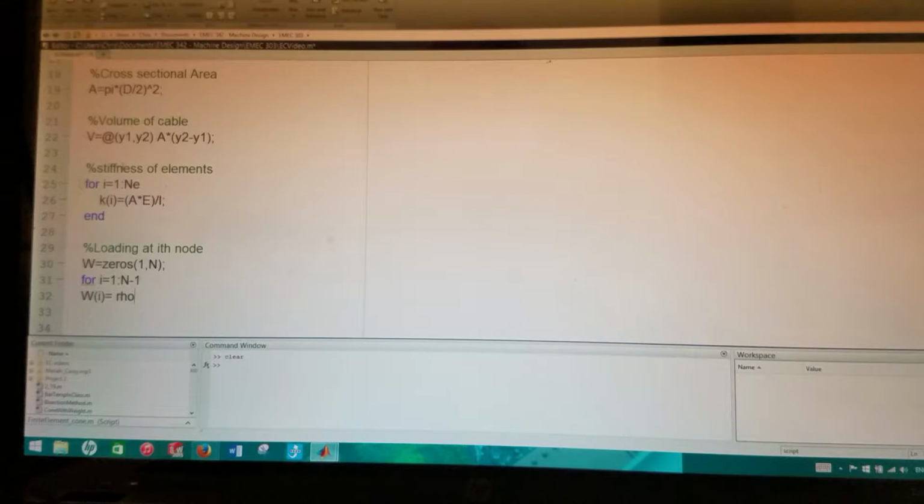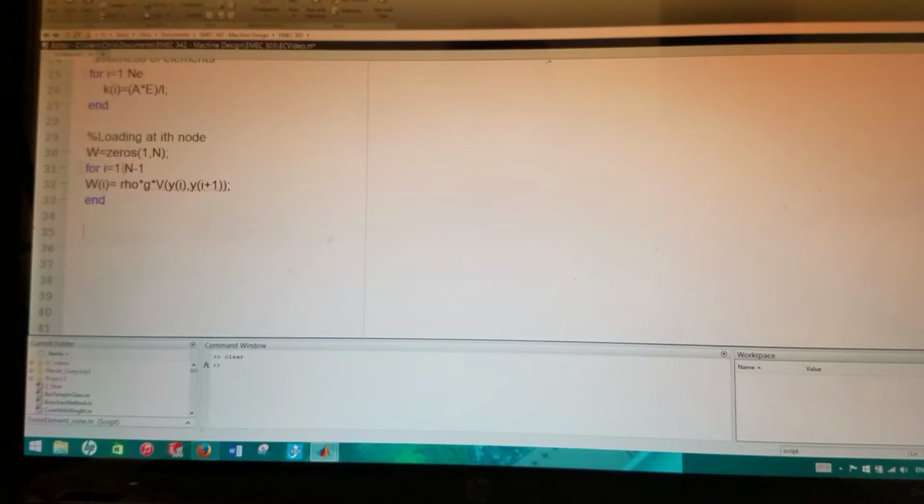But the rest of it is from the weight of the cable itself, which can be determined using rho, the density, times the gravitational constant, times the volume, which we just discussed as being a function of two different y points. Then we'll end that. And as I just stated, at the nth node, the final node, the force is just equal to the force applied by the two hay bales.